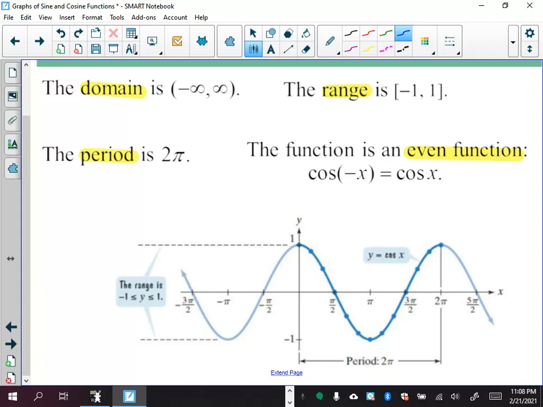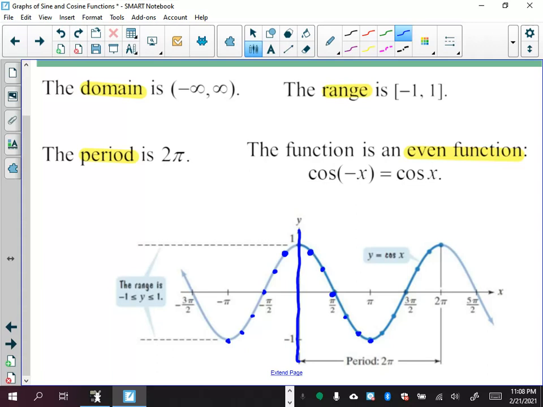If I took this point and reflected it across the y-axis, I get that point, and then this point, and that point. Everything is the same. That is why this is an even function: you have that symmetry at the y-axis.